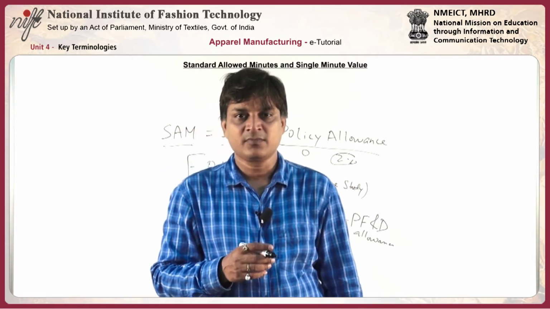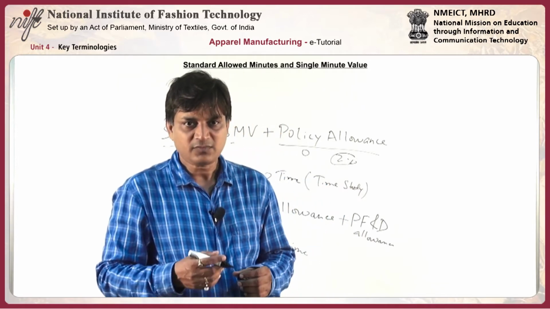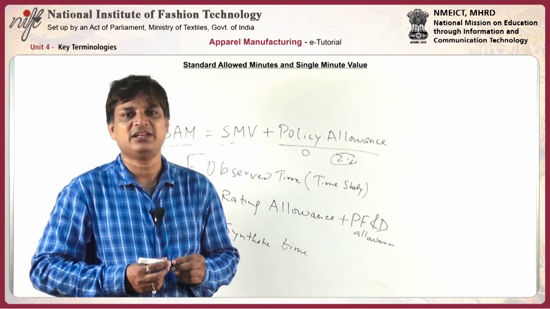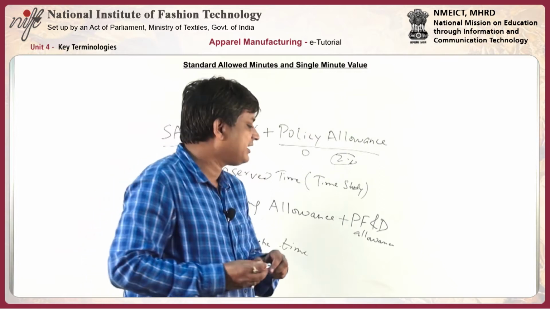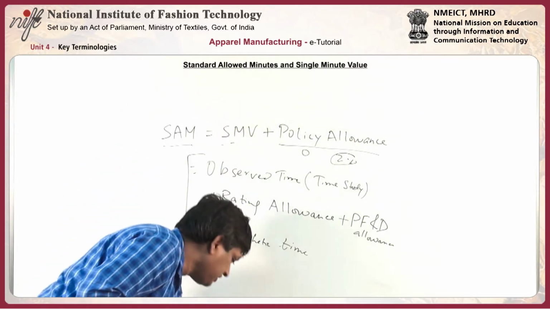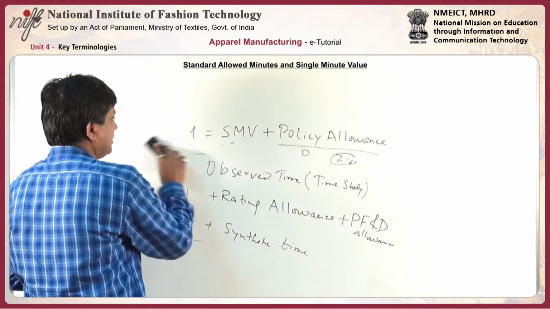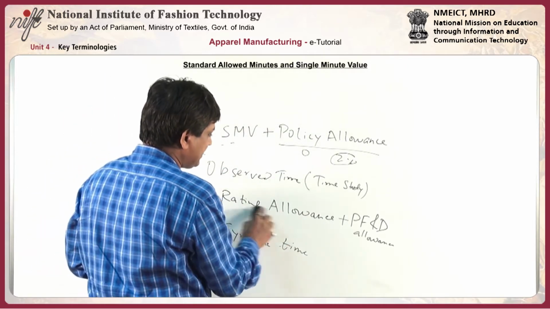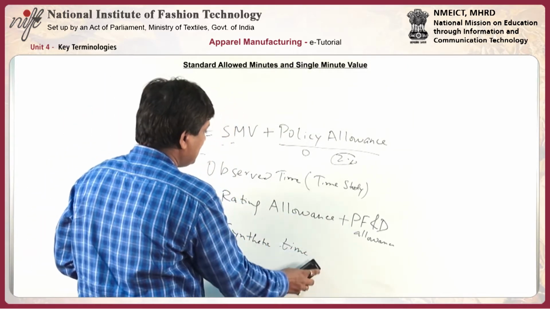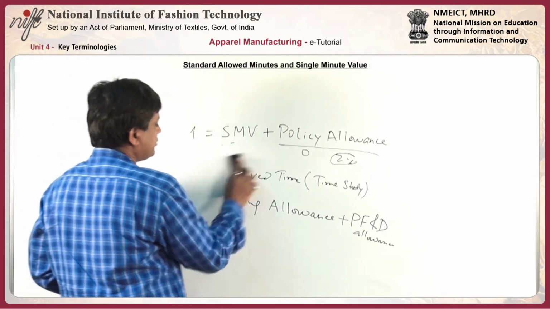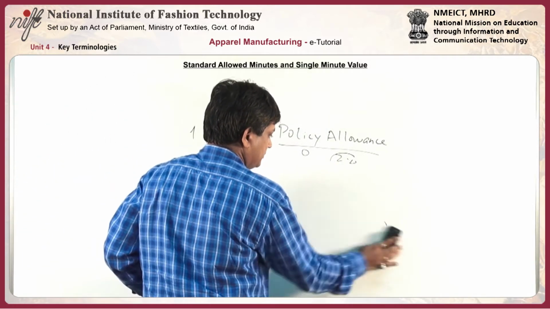of the company. Next, after this SAM and SMB, we talk about the different types of allowances we are giving. We have the rating allowance, we have the PF&D allowance, and we have the machine delay allowance also.